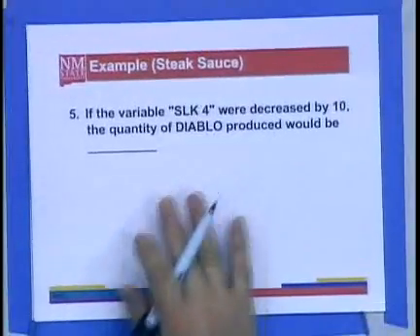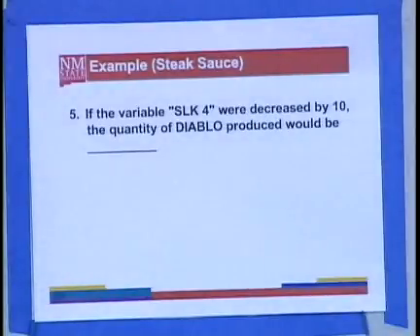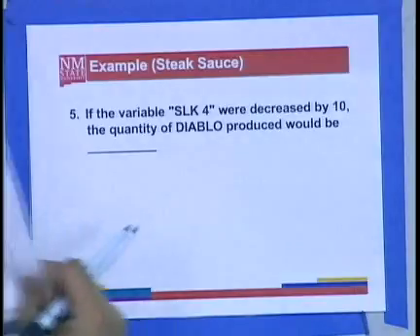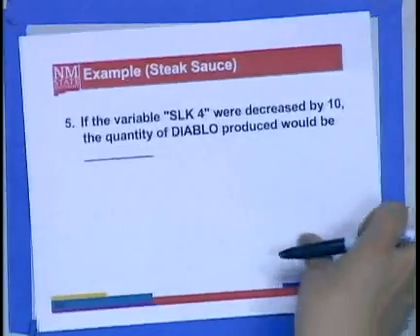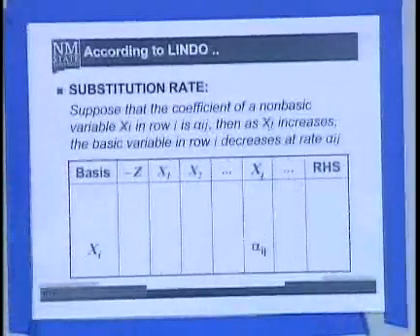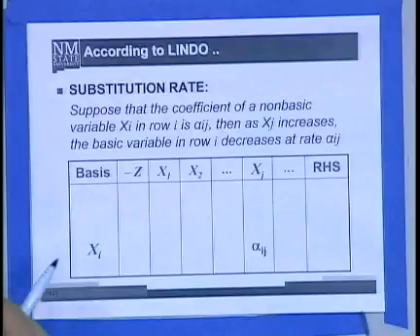Okay, next, number 5. If the variable slack 4 were decreased by 10, that is from 0 to negative 10, what will be the quantity of Diablo produced? So what information do you need to use to answer this question? Substitution rates, right?